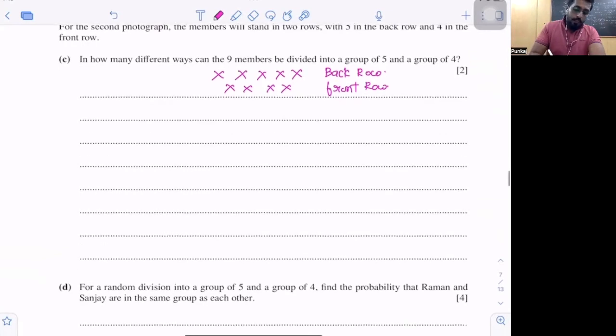So this question is of selection. That means it's a question of combination. You really want to understand this part very properly. So in how many different ways can 9 members be divided? This word that you see here, can be divided, tells you that the question is not of arrangement, it is a question of selection. So now that's pretty simple, right?